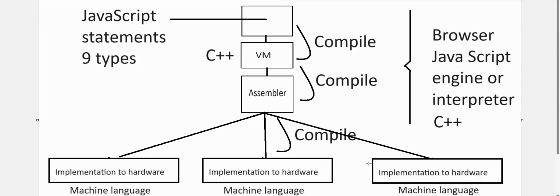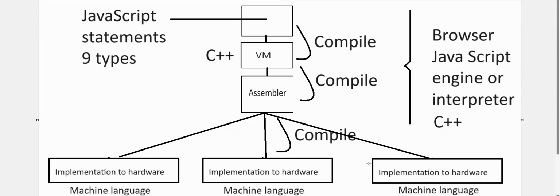The JavaScript engine compiles or translates JavaScript statements, statement by statement, to virtual machine language. That virtual machine language is C++. The JavaScript engine, the interpreter or translator, is also in C++.